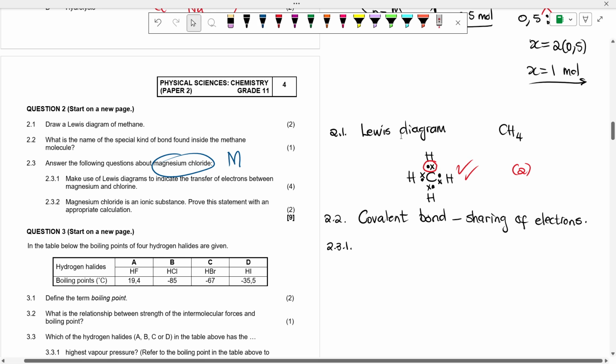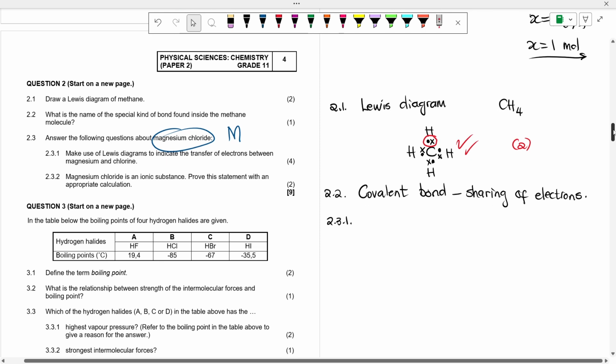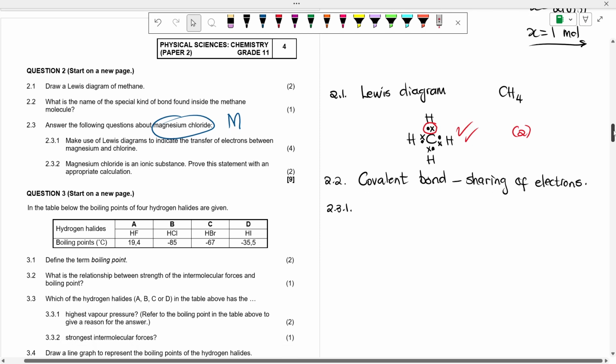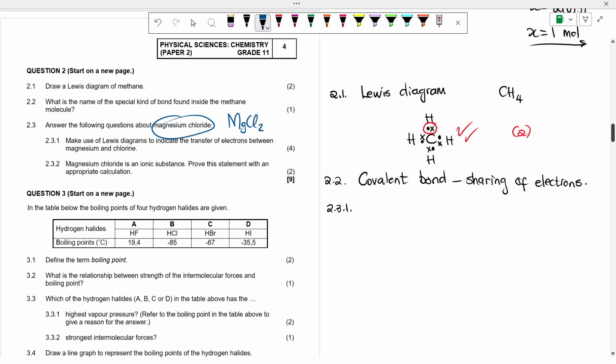This one is not something you can revise, it's just something that you should know. Magnesium chloride, what's the chemical formula? It's MgCl2. MgCl2, yes, that's the one.